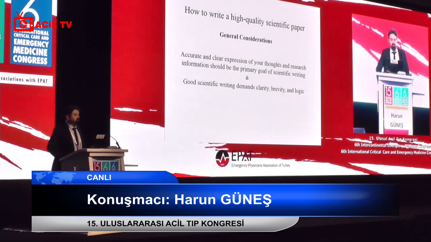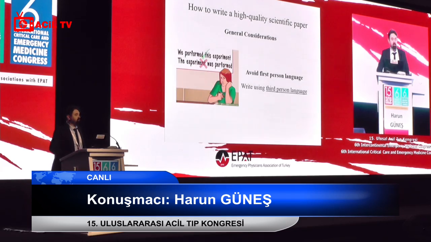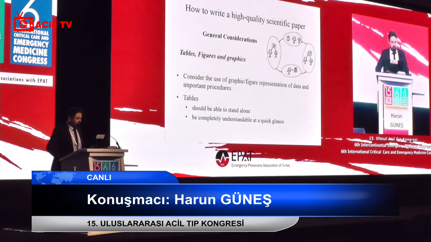Accurate and clear expression of your thoughts and research information should be the primary goal of scientific writing, and good scientific writing demands clarity, brevity, and logic. You should write with a measure of formality using scientific language, and we should avoid first-person language. Instead, we should write with third-person language.